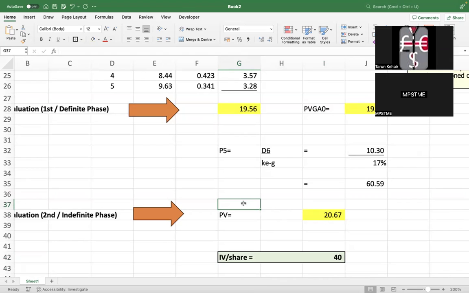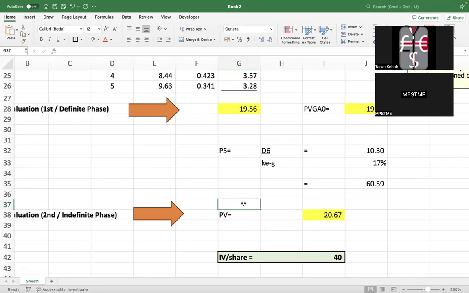Now suppose the share is currently trading at 50. Is the share overvalued or undervalued? Overvalued, because the prices are expected to converge towards intrinsic value. So prices are expected to fall. It is overvalued.